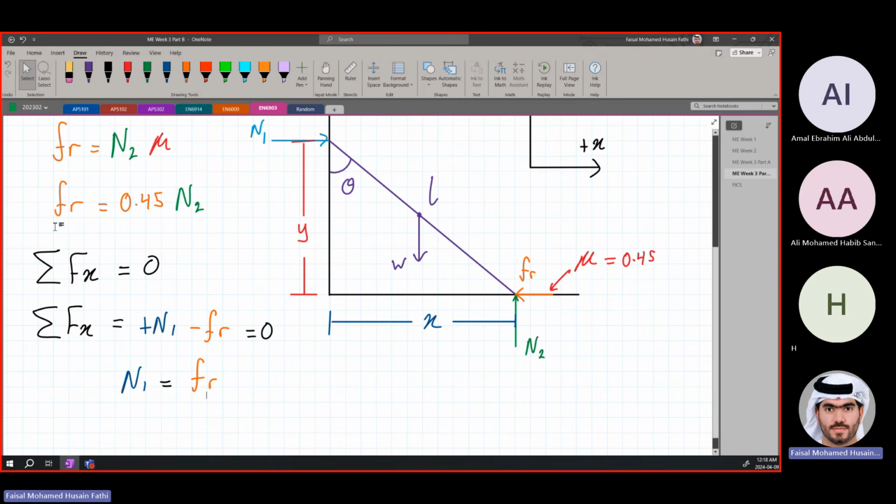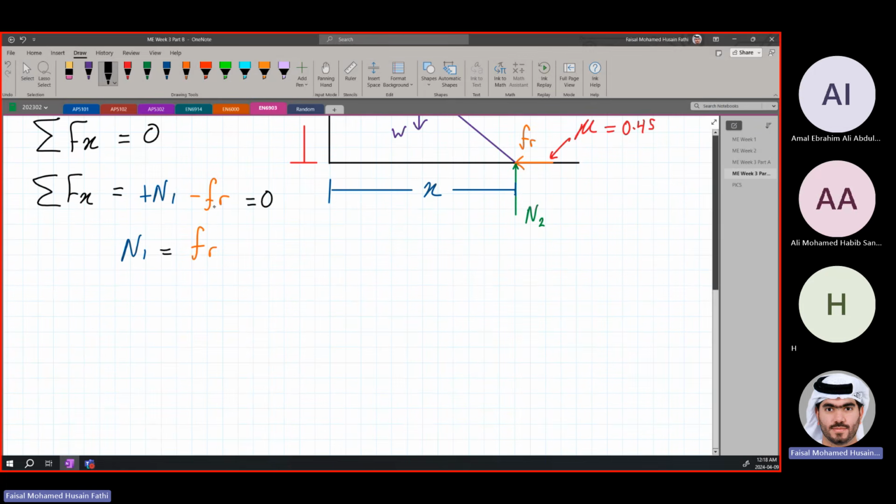The first was between Fr and N2, the basic one. The second, using sigma Fx, gives N1 equal to Fr. So we already have a relation between N1 and N2 if we want to substitute it back into that equation later. But we will continue solving until we find out what we need to do. Moving on.